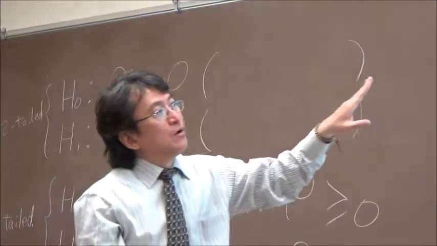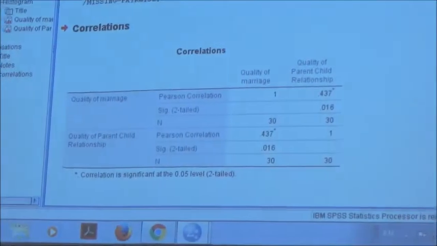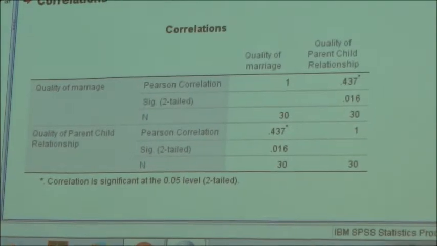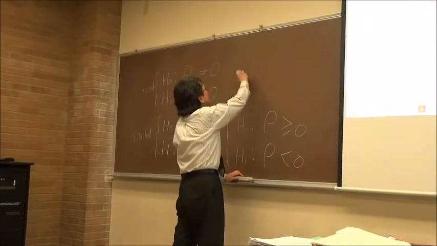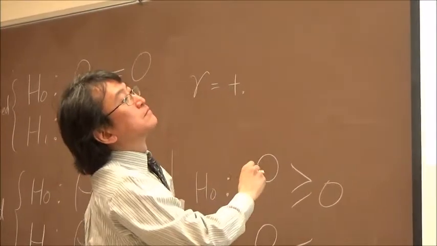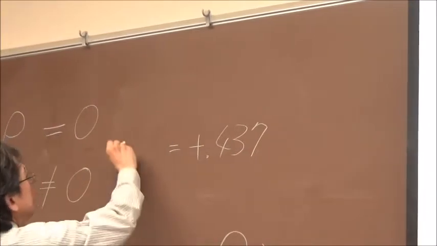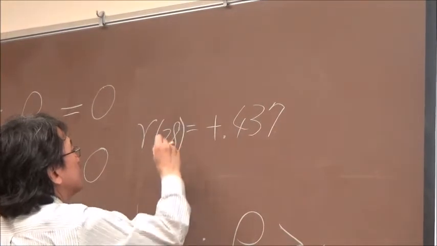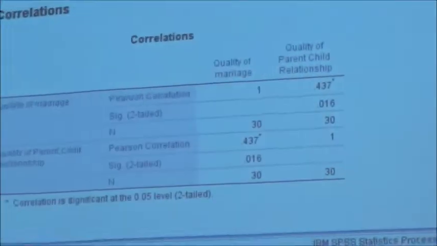Okay. Now we found this one, because we are testing a two-tailed test. Assuming that you guys verbalized those hypotheses, the correlation is plus 0.437. Oh, in this case, how many? 30, right? Sorry, 28.